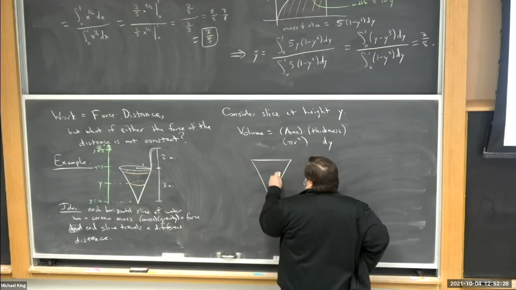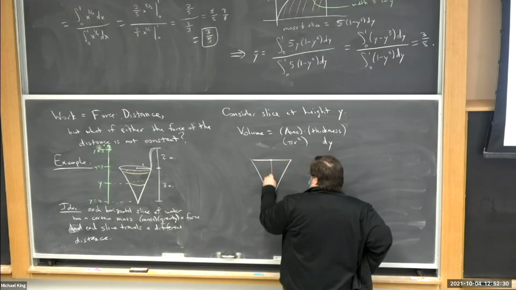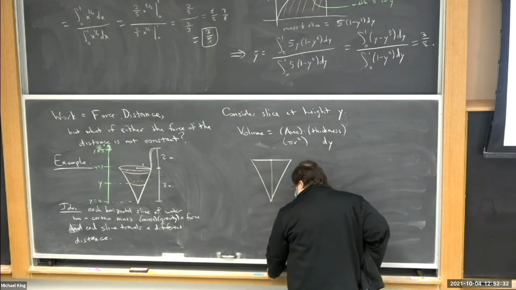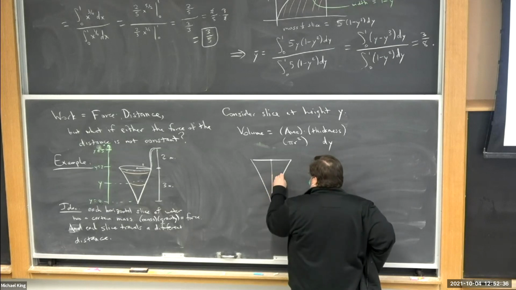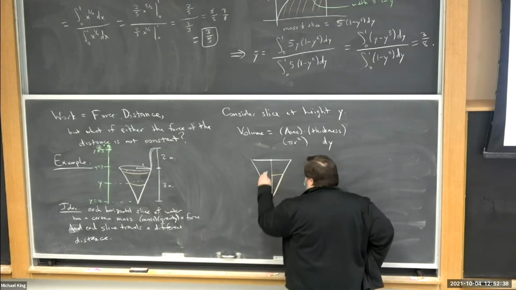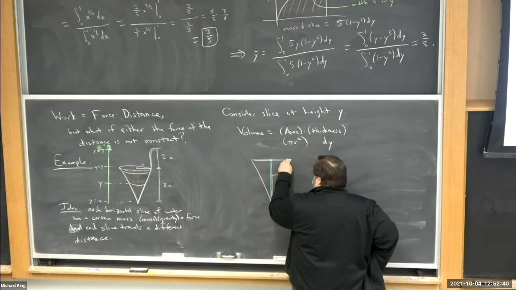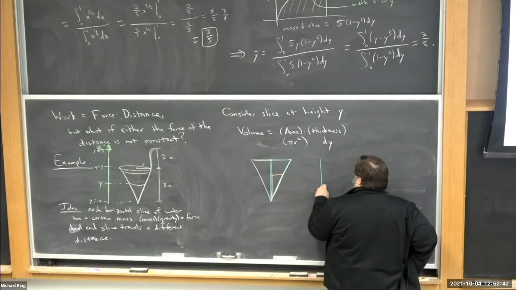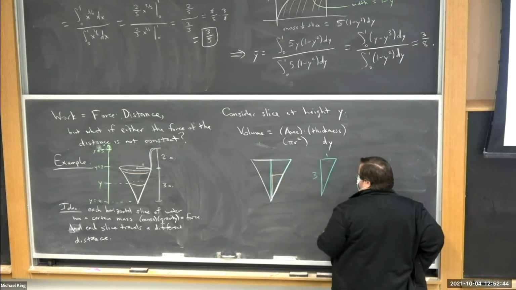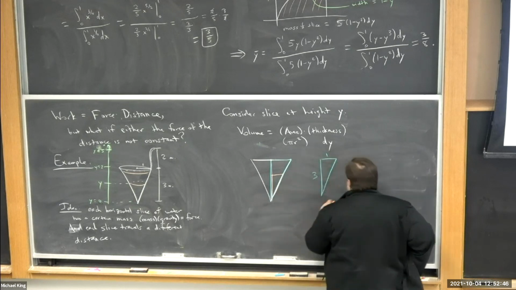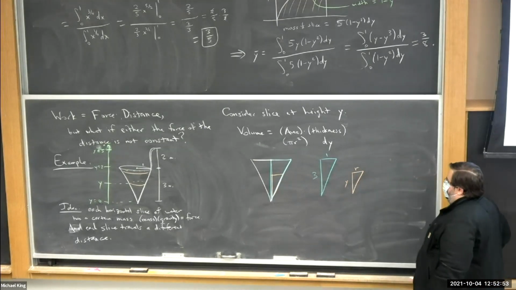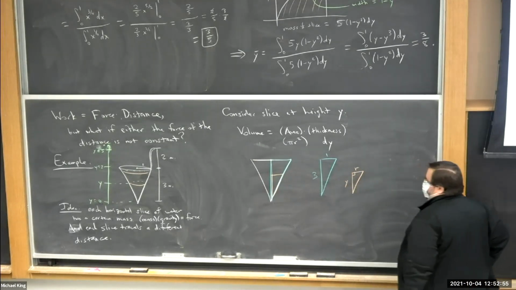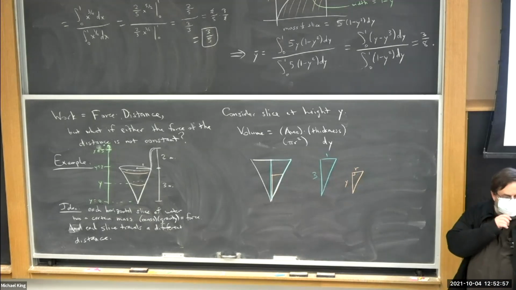I think we have to use the similar triangles thing. So we have this triangle inside and then the big triangle here. The big triangle is 1 and 3. And the small triangle, well, it's upside down, which is nice, so it's y and r. Remember, upside down works out nicely. It's not 3 minus y, it's y.